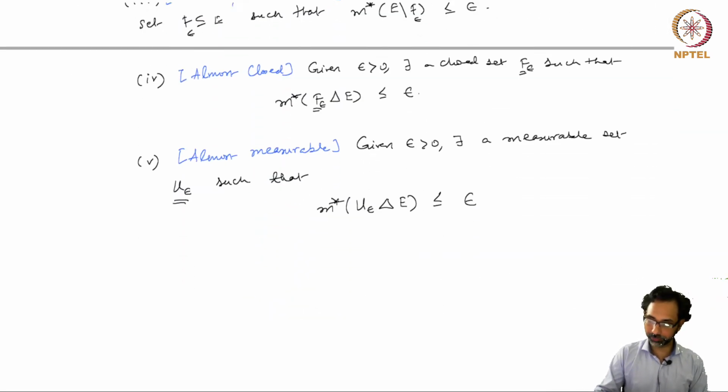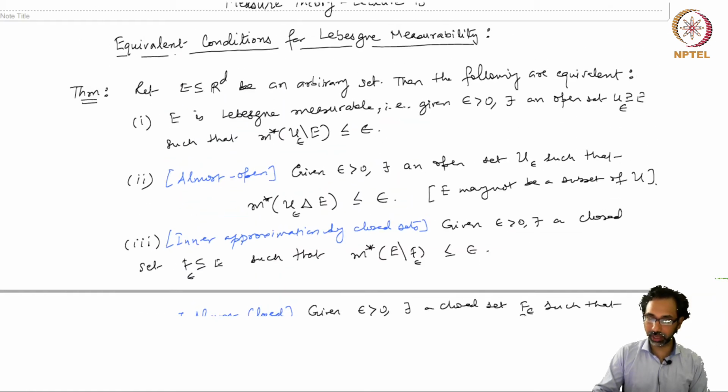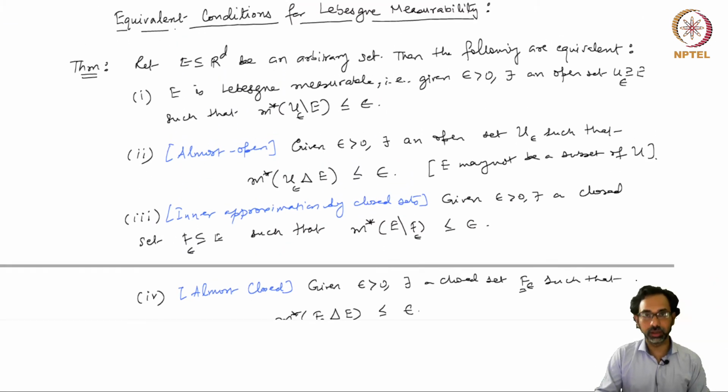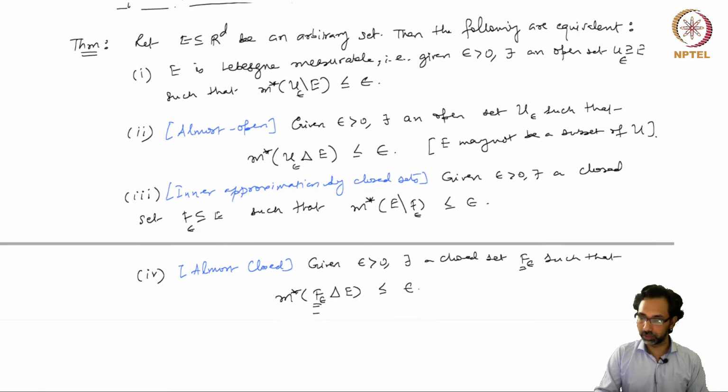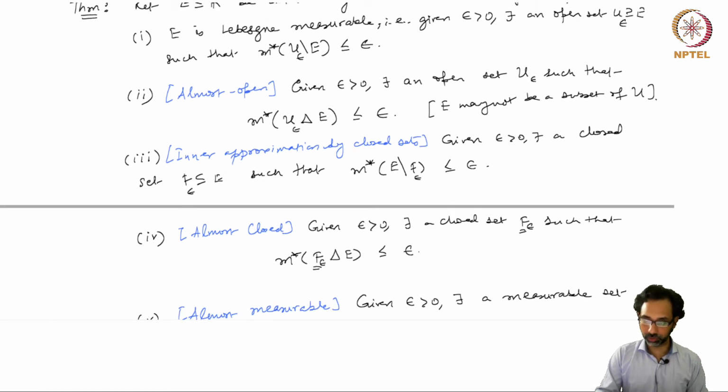So these are 5 equivalent conditions. So we have listed 5 equivalent conditions if you want to test whether some given set is Lebesgue measurable or not. So let's try to show this.